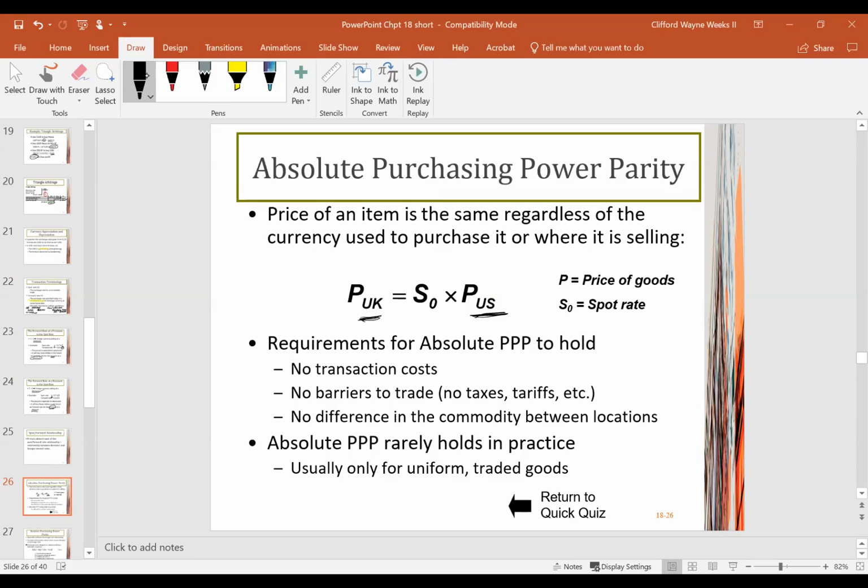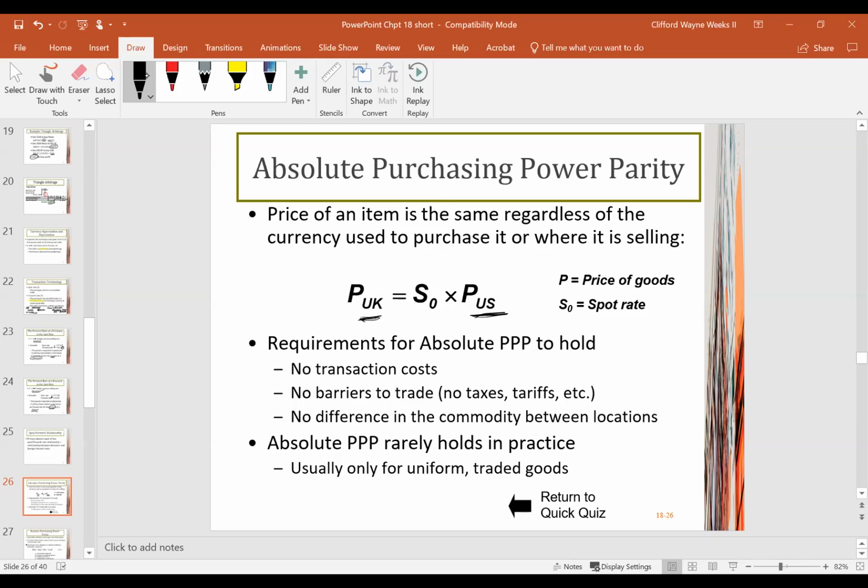So the requirements for absolute purchasing price parity: there's got to be no transaction cost, no barriers to trade, so no tariffs. Using that example of the apple, we're assuming that Russia can grow the same exact apple that the US can grow, and that there's no difference between a Russian apple and the US apple.